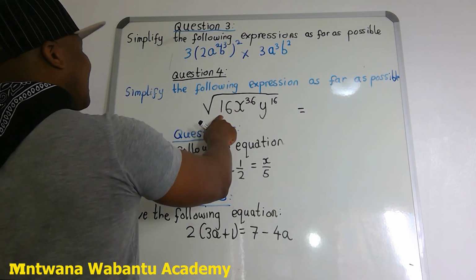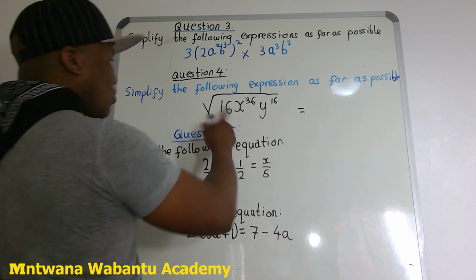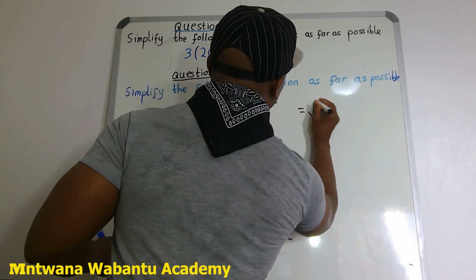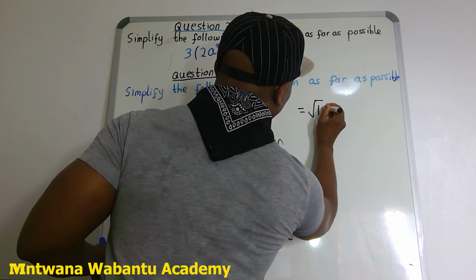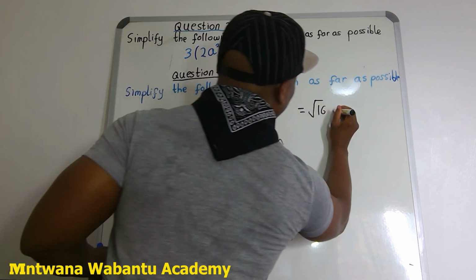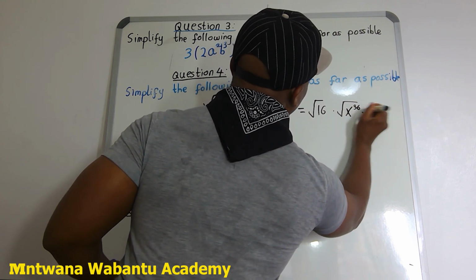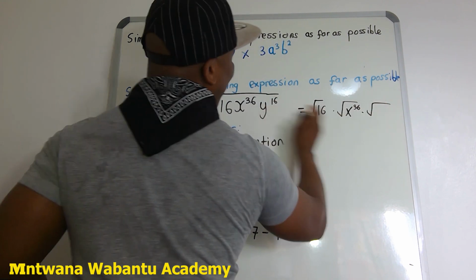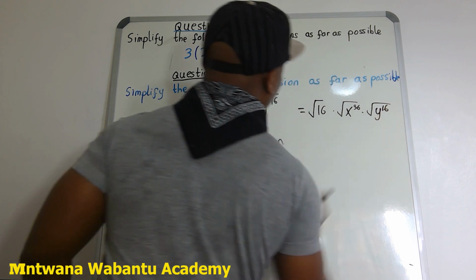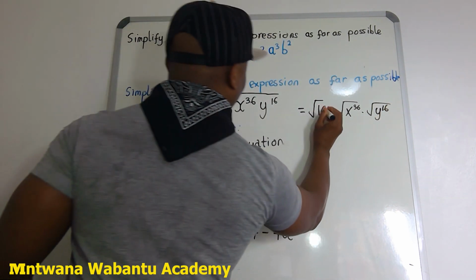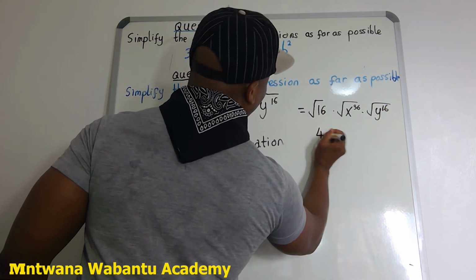Look, this 16, if you take the square root of 16, you can separate it, taking the square root of 16, then the square root of 36, x^36, and then the square root of y^16, and that is acceptable. If you put this in the calculator, the square root of 16, you get 4. Multiply.